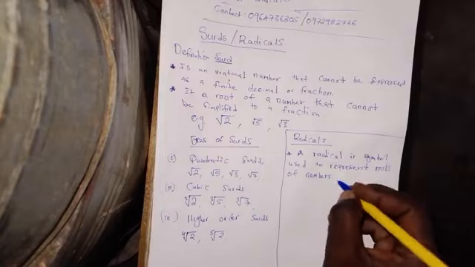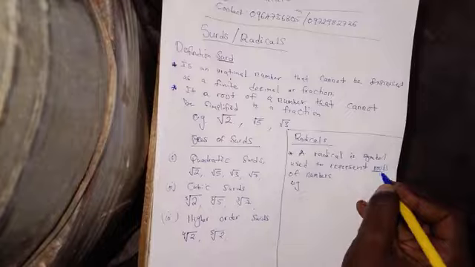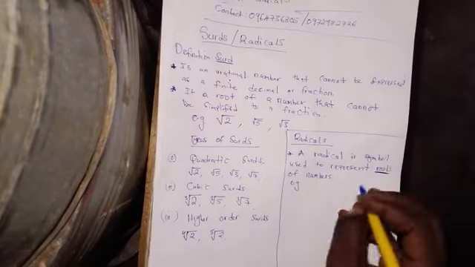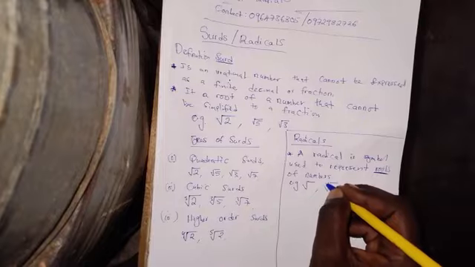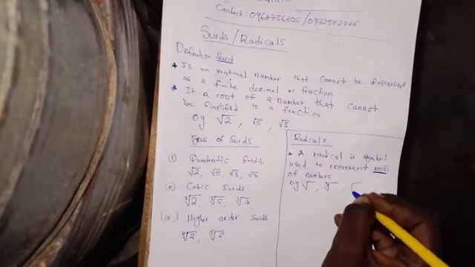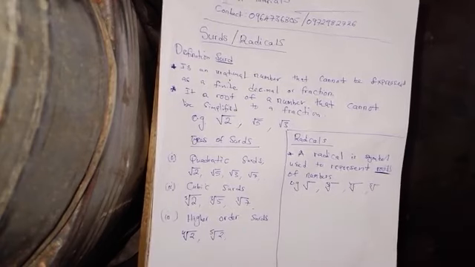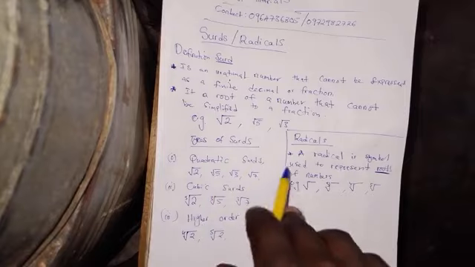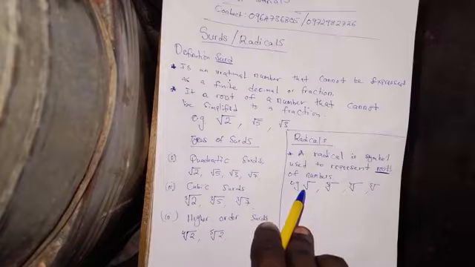What kind of symbols are we talking about? To represent roots, we're talking about the square root, the cube root, the fourth root, and a number of other radicals. Just like we have types of surds, we also have types of radicals.